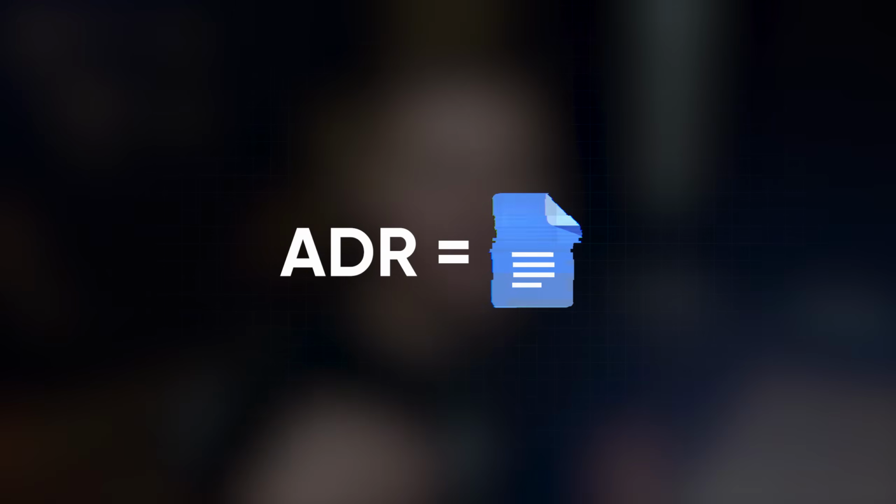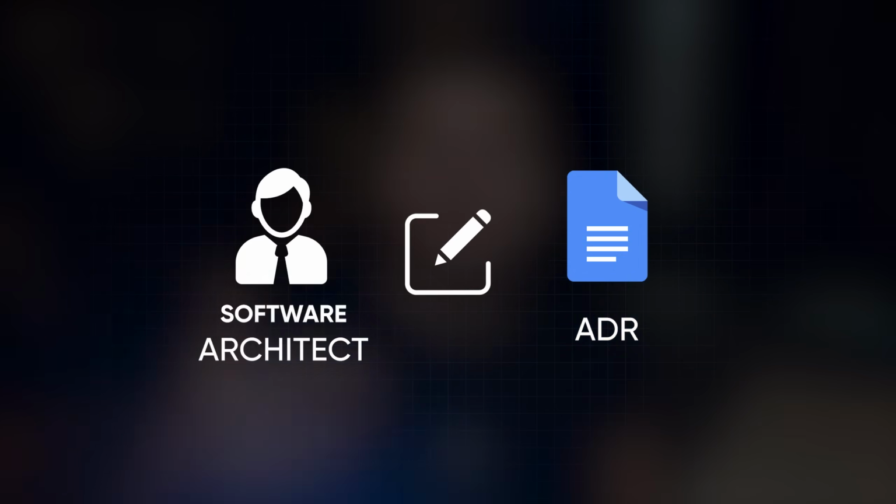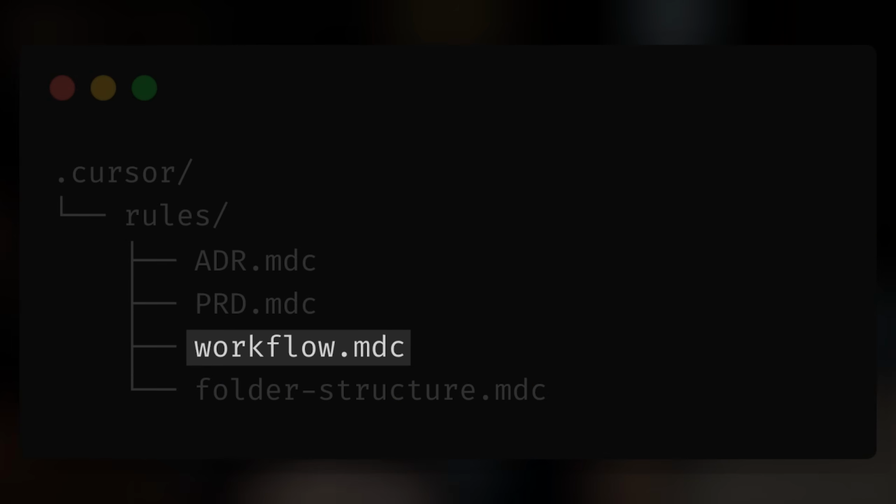ADRs are special files used by software architects to document all the important architectural decisions and why they were made. And the last file is the workflow itself, which is exactly what I'm explaining to you now, but clearly communicated to AI. So I'll show you how to create all these files at the end, but for now, let me present the rest of my workflow.